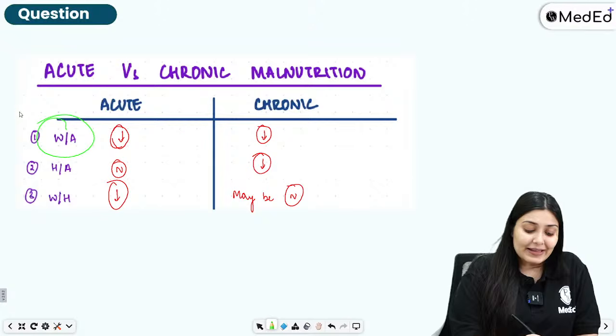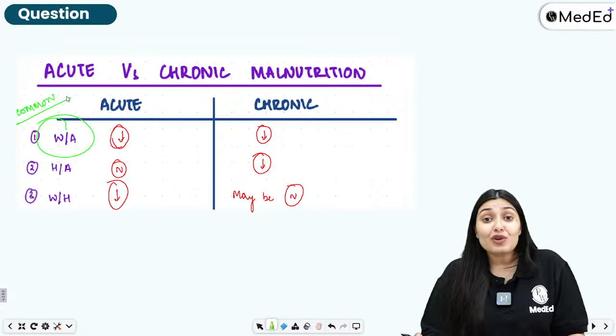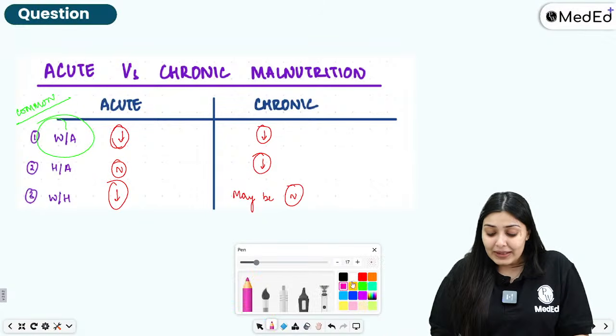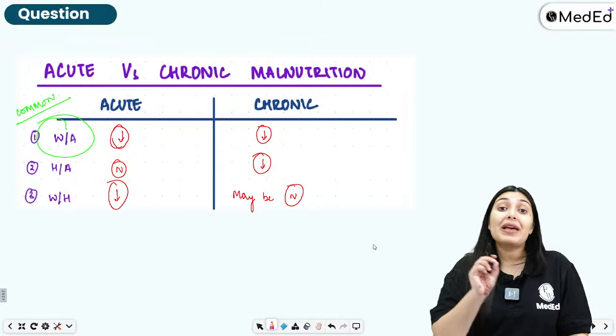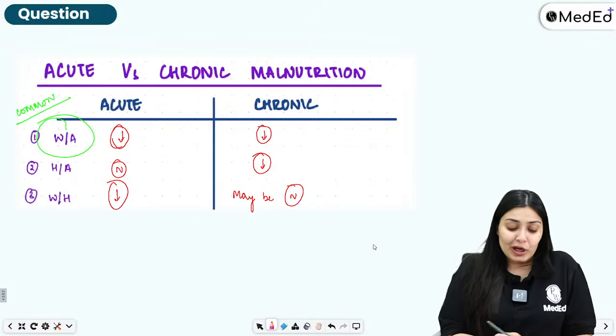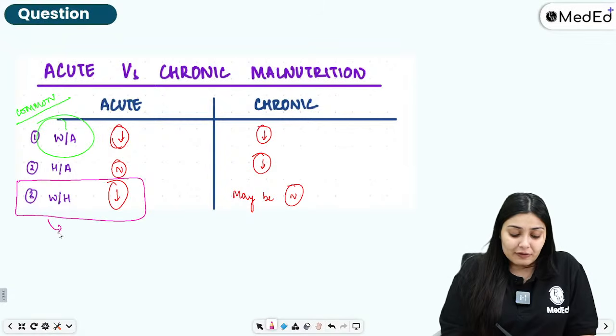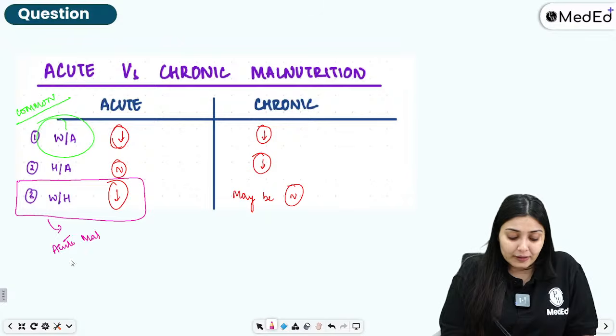Common finding is weight for age. So weight for age is a common determinant to both acute as well as chronic. Then what they ask next? They ask what is the best marker for acute malnutrition. So you can see in acute malnutrition the best marker is weight for height. So this is the acute malnutrition marker.